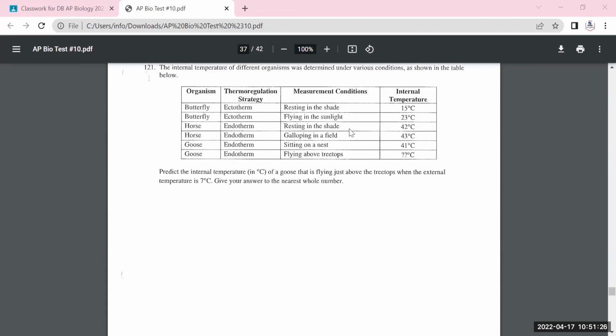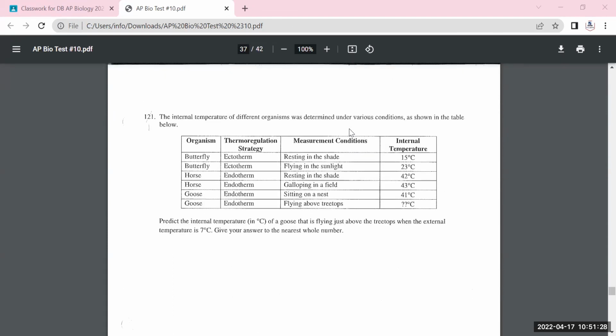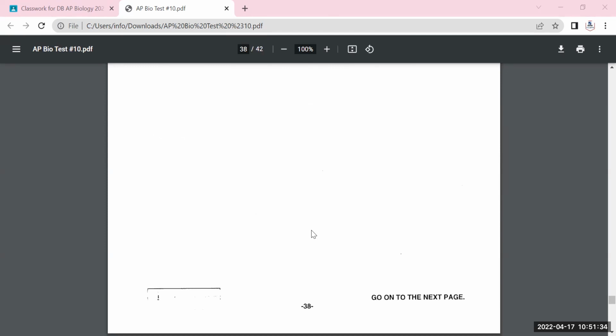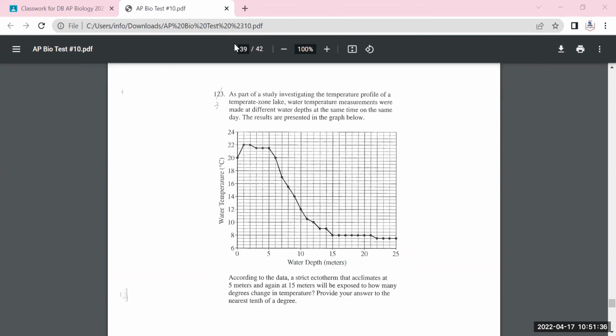Do you guys have your answer for these? Yeah, as well. Okay. Then these should be pretty simple. Are there any ones that you guys want to go over, or are you okay with these?